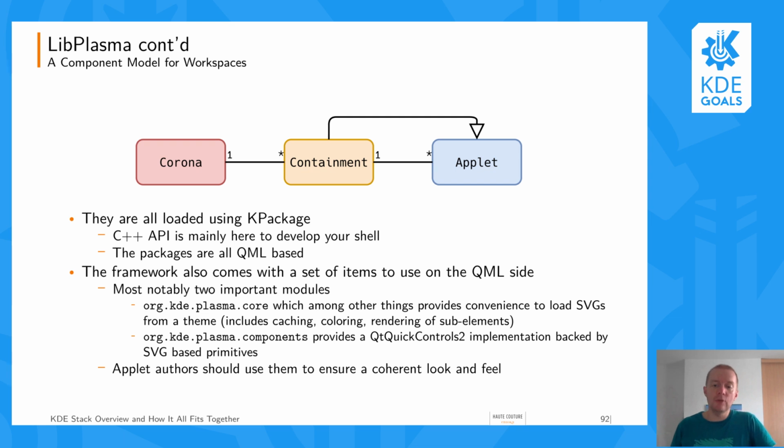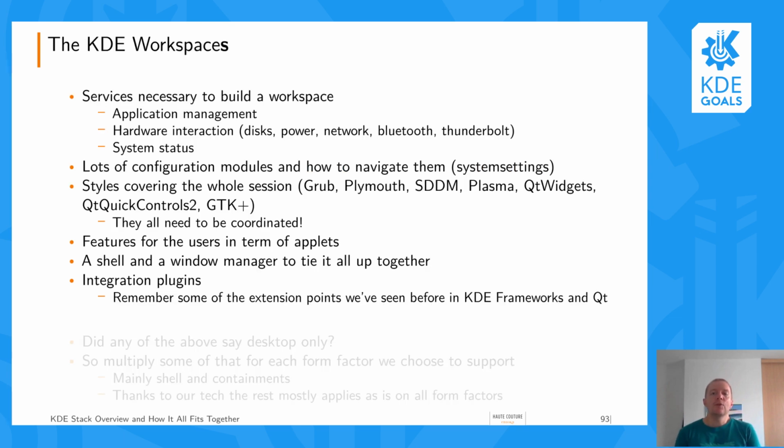Applet authors should actually use elements coming from those modules, because that's how they will ensure a coherent look and feel for their applet on a given desktop, a given workspace, sorry.